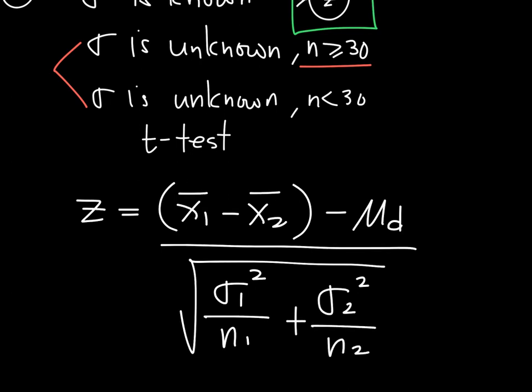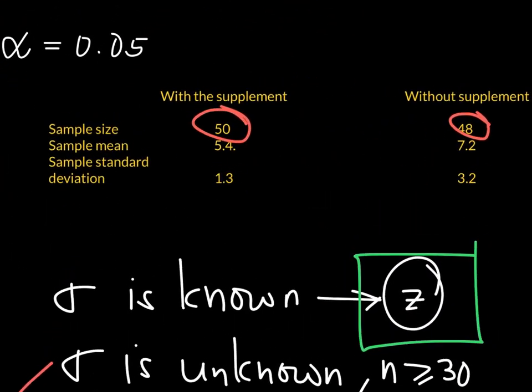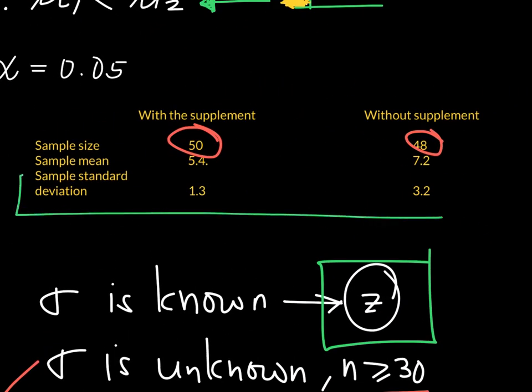With sigma 1, the population standard deviation of the first, in this case the people taking the supplement, and sigma 2 for the group who are not taking the supplement. But again, since sigma is unknown but the sample size is large enough, these sigmas can be replaced by the sample standard deviation S. So the values that you see here can be used in place of the sigma. So we will use the S.